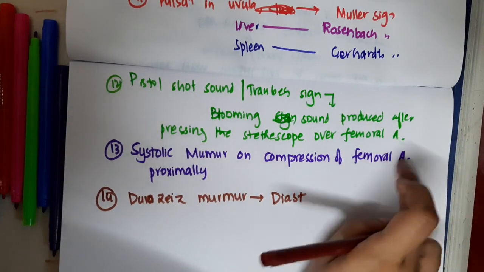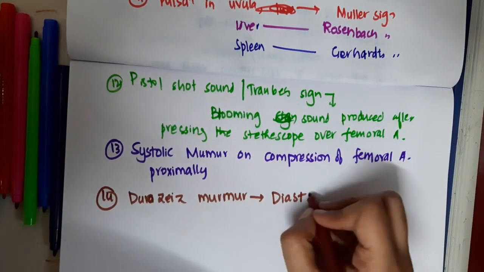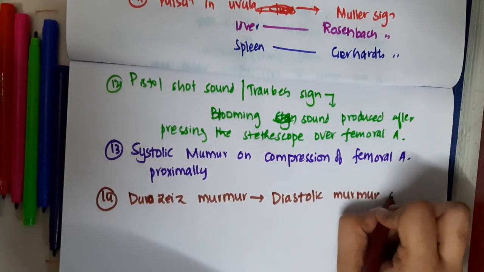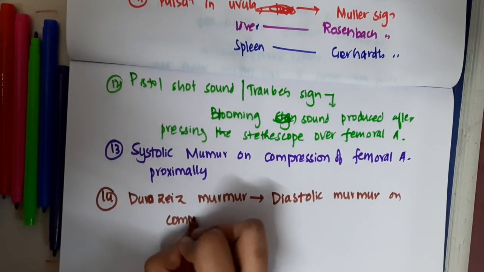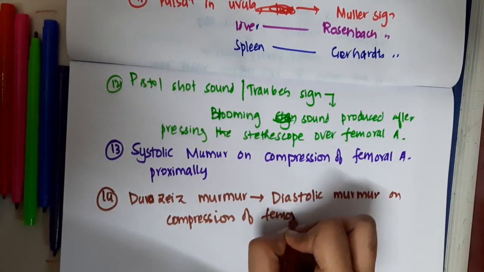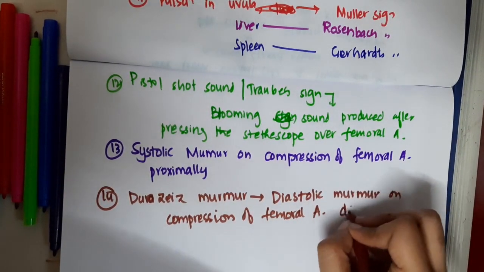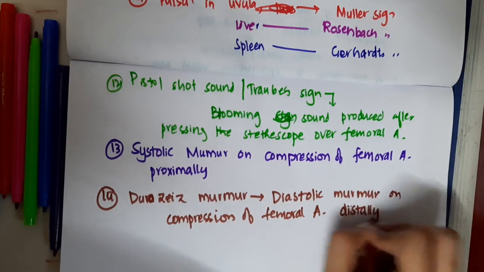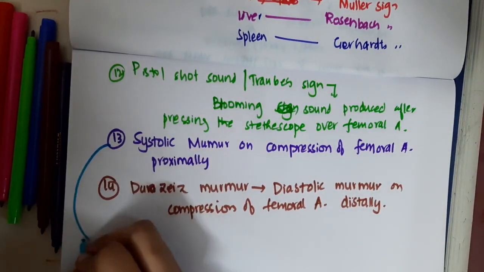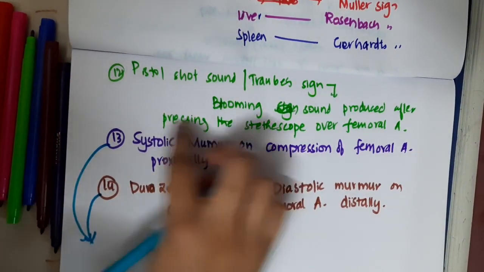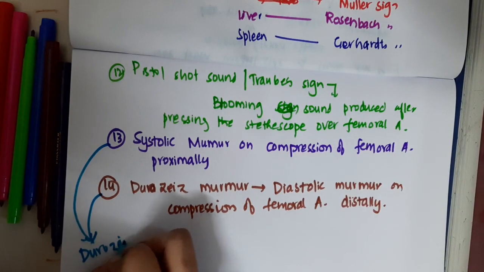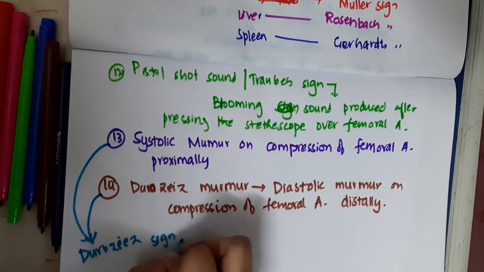If you compress the femoral artery proximally, you will hear a systolic murmur, whereas a diastolic murmur is heard on compression of the same femoral artery distally. Both these together we call Duroziez's sign.